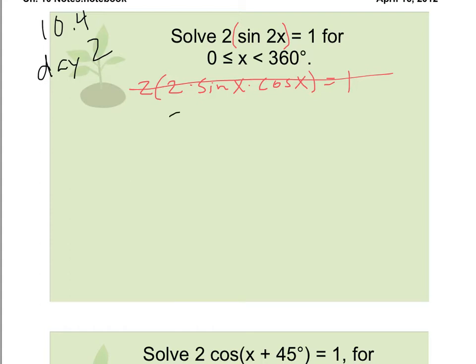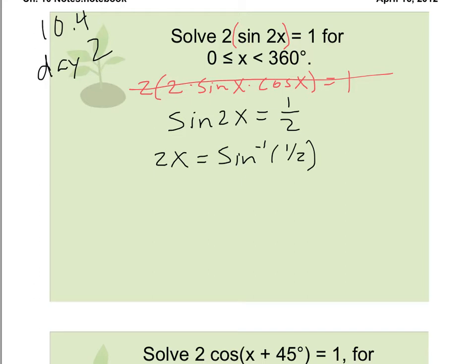Instead, if I were to divide by 2, I would have sine of 2x equals a half. And at this point, I could just go ahead and take the inverse sine of 1/2, and I can deal with this 2x after I take the inverse.